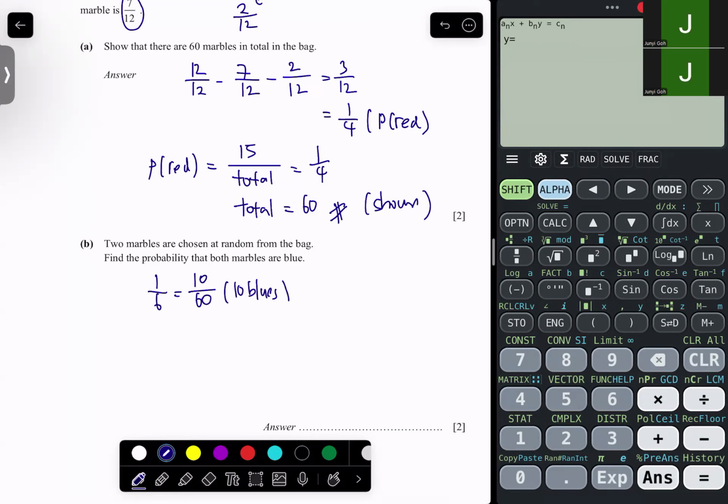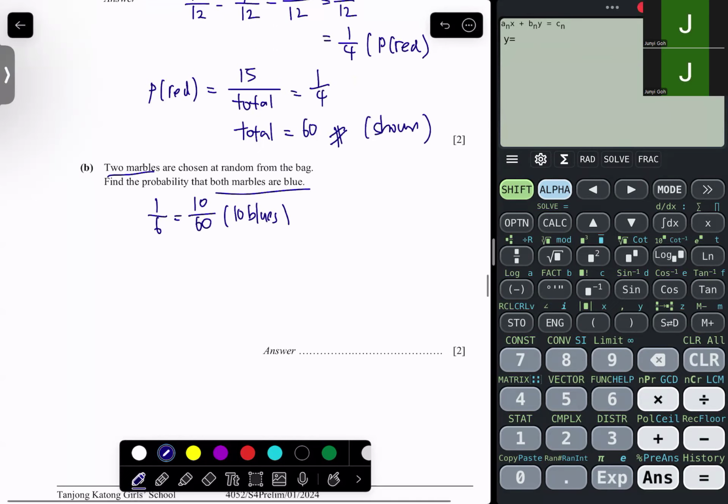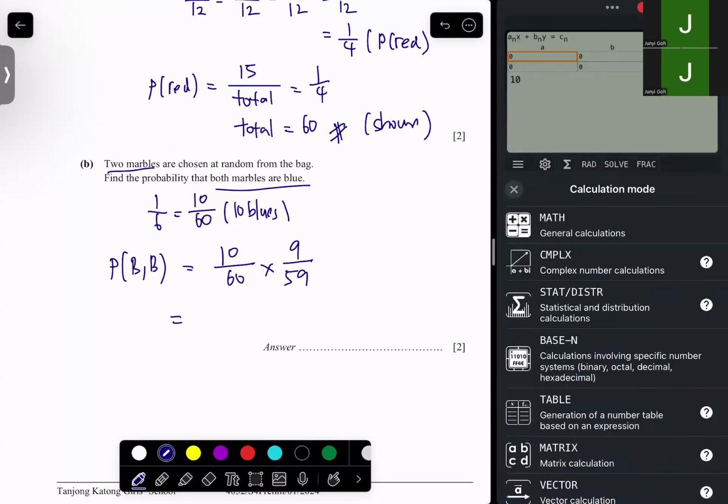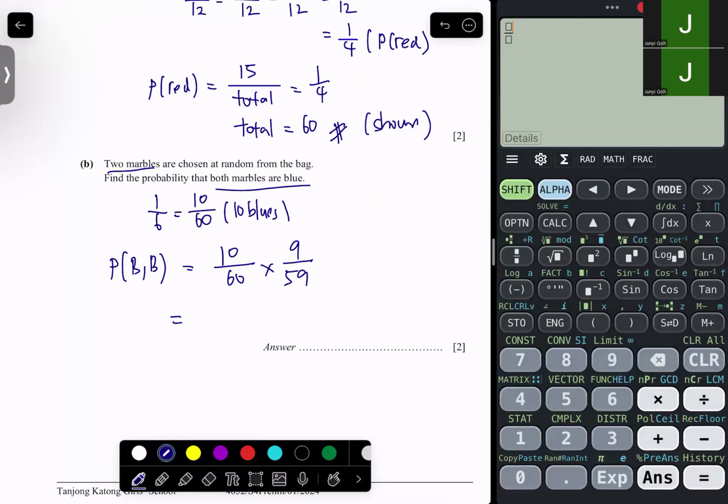So if I want two marbles that both are blue, it will be P(blue, blue): 10 out of 60 multiplied by 9 out of 59. This one is just a calculator job. Okay, so I get 3 over 59.